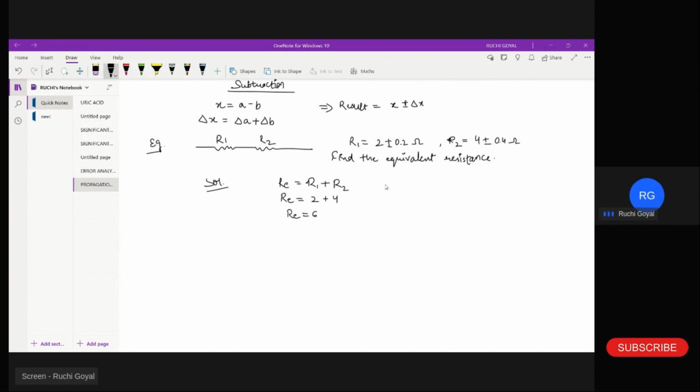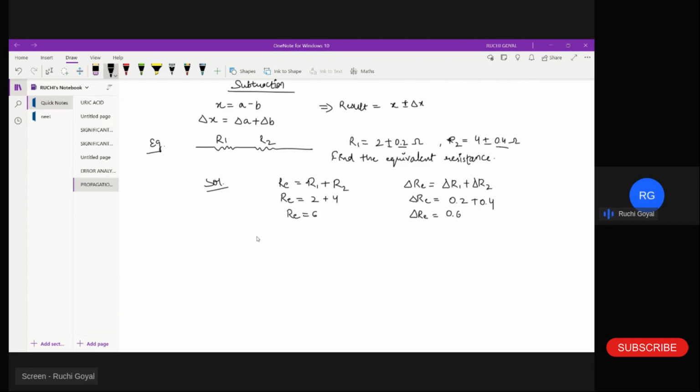Now we have to write delta R equivalent. So this will be delta R1 plus delta R2. So delta RE will be, delta R1 is 0.2, so you can write 0.2 plus delta R2 is 0.4, so you can write 0.4. So delta RE will be 0.6.